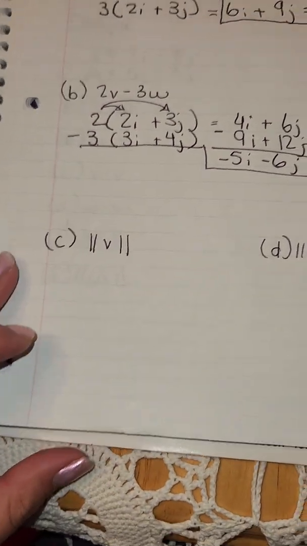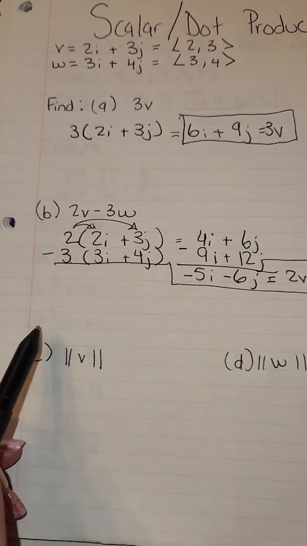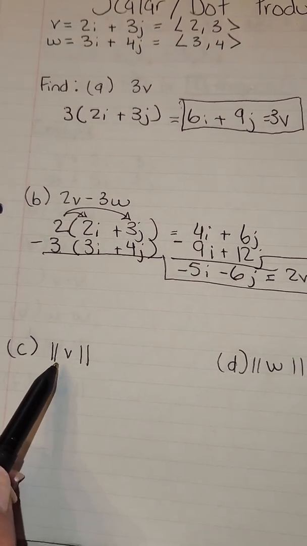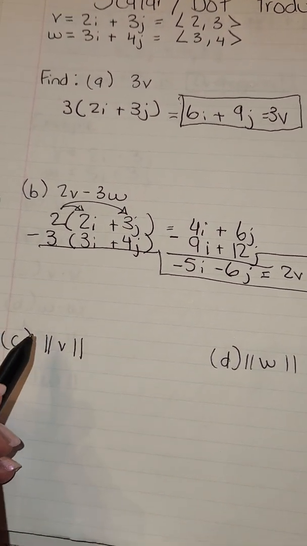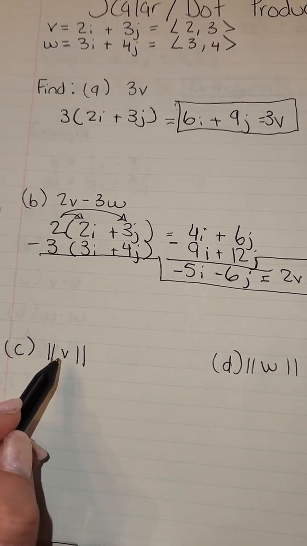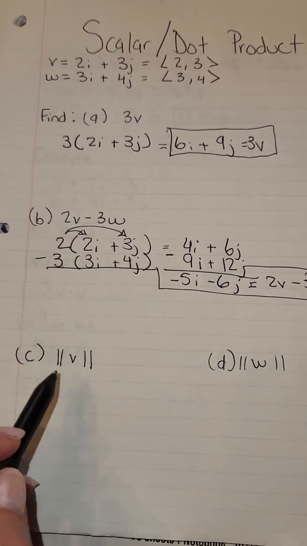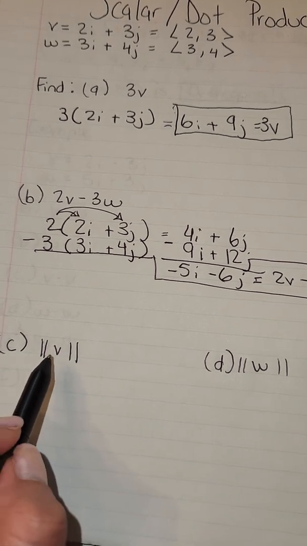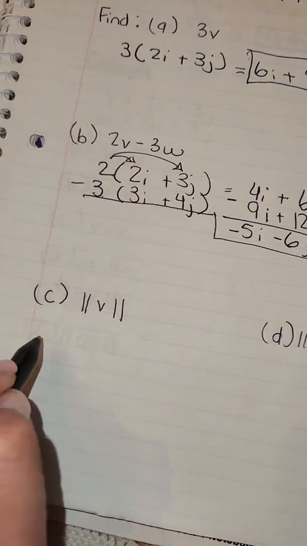Okay, now let's solve for C. In this one, I like to call it the absolute value squared, but it's really a distance formula that we're using.